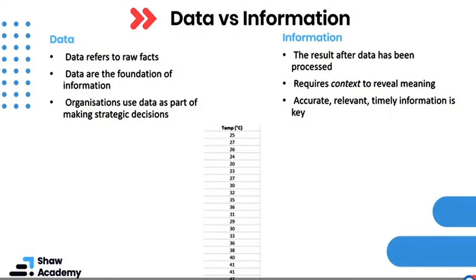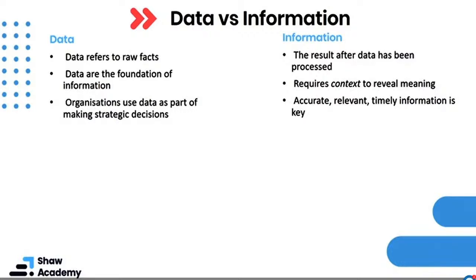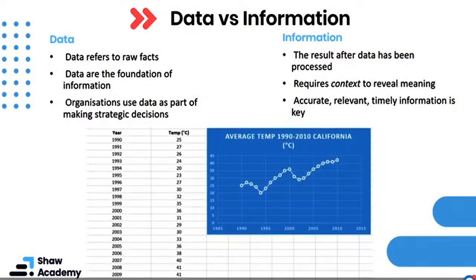Now, if we had to add this data to a graph, and on the graph we have our y-axis, which is the temperature range, for example, and on the x-axis we have, let's say, a number of years. And let's say the title of our graph is temperature in, for example, California from 1990 to 2010. Great. Now we've got information.